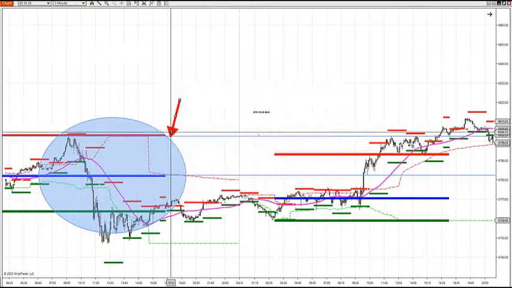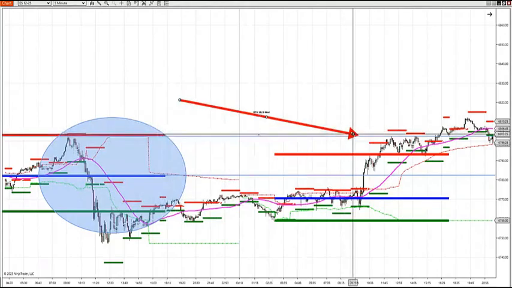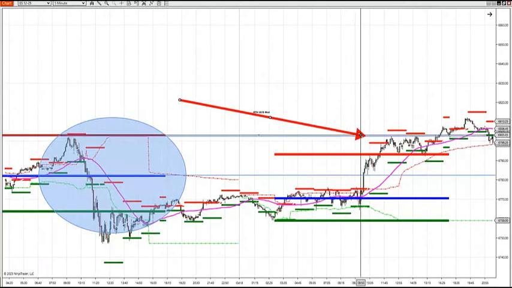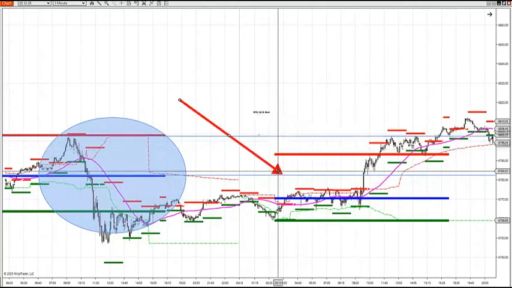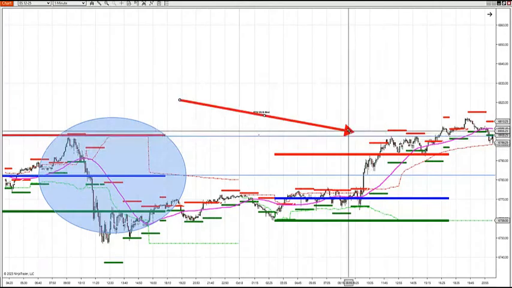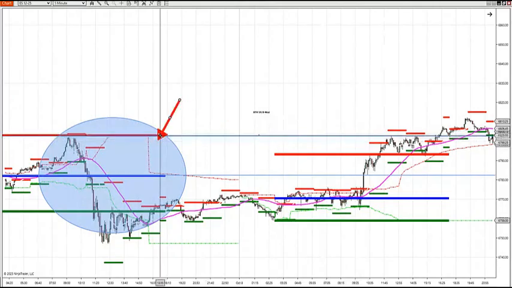I drew this line in yesterday at around 9:30 in the morning, and this was our target for the session. So we're looking for the target in the entire session based on the previous market profile level.